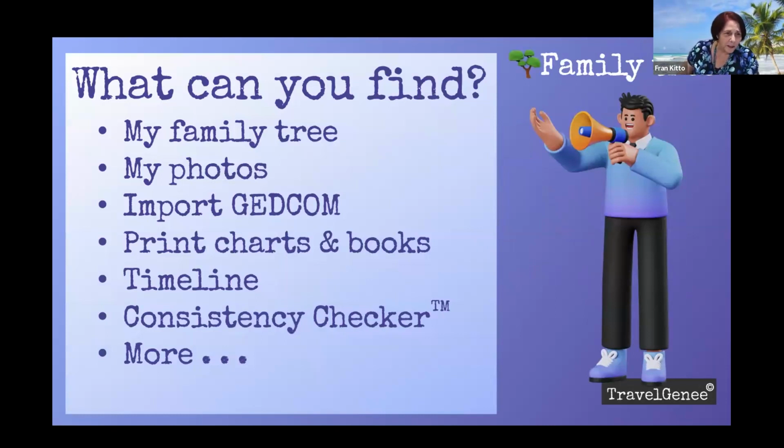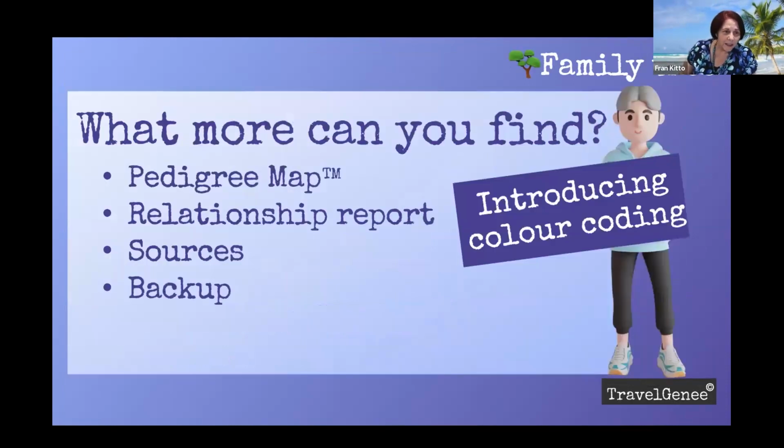And if you're quick at reading, you can read that my family tree, my photos, importing a GEDCOM, printing charts and books, timelines, consistency checker, and it all wouldn't fit on one slide. So it's the same on the drop-down menu on MyHeritage. You've got to click the more to get the pedigree map, relationship report, sources, and backup.